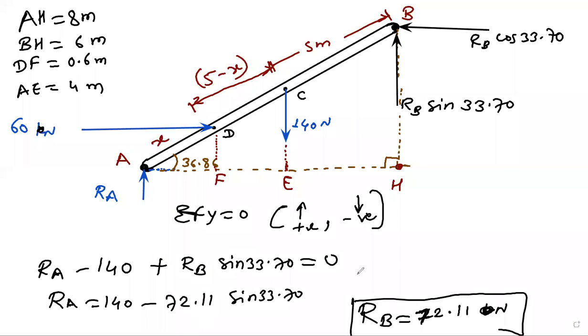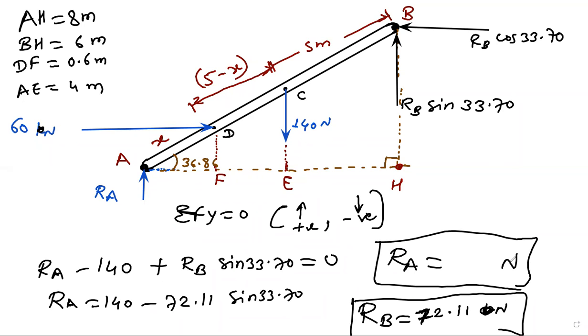So how much is RA equal to? Yes, please do it fast. 99.99, that is 100. Yes, 100. Okay. So RA and RB are now known to us.